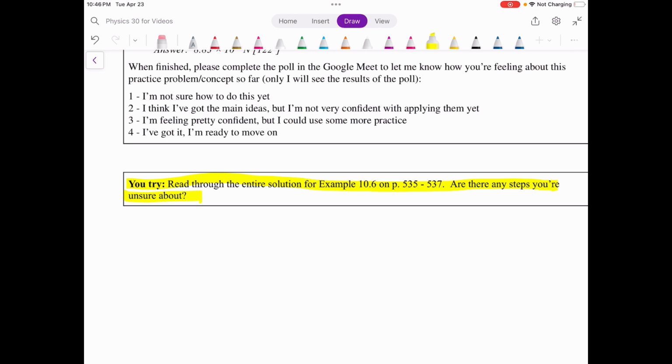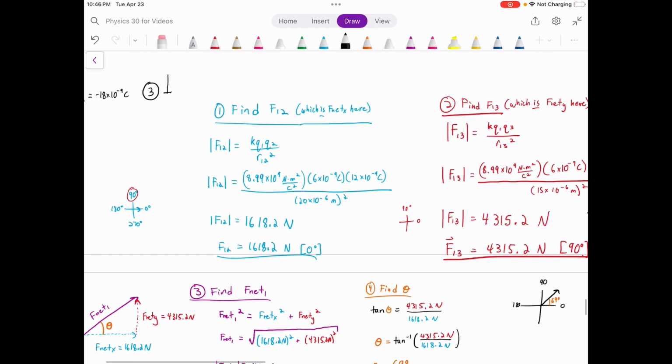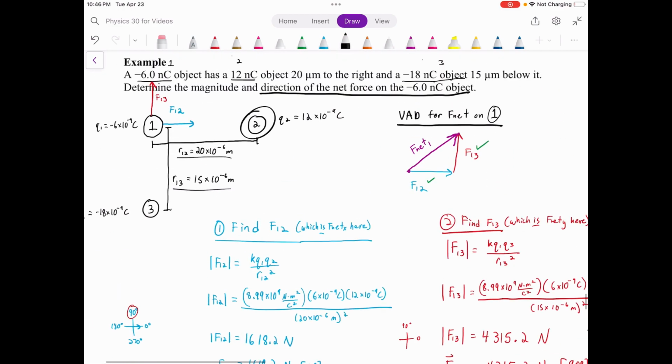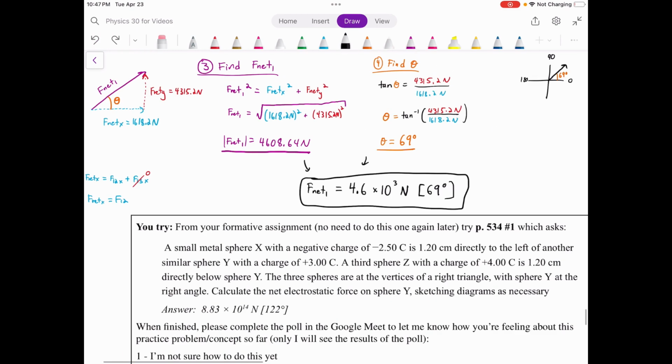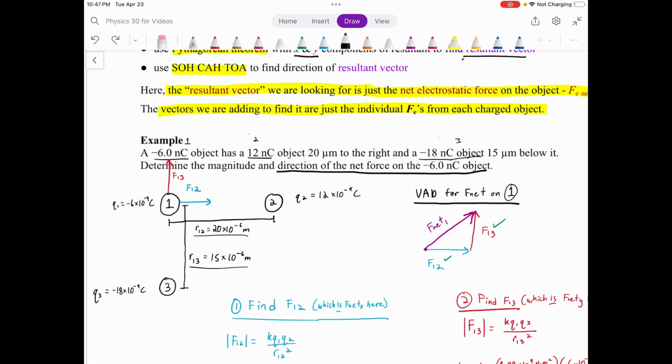Okay, so the reason I highly recommend you do this one is that it involves one where, like I was saying for object 2, if we were to have to do this question for object 2, it wouldn't be as straightforward.